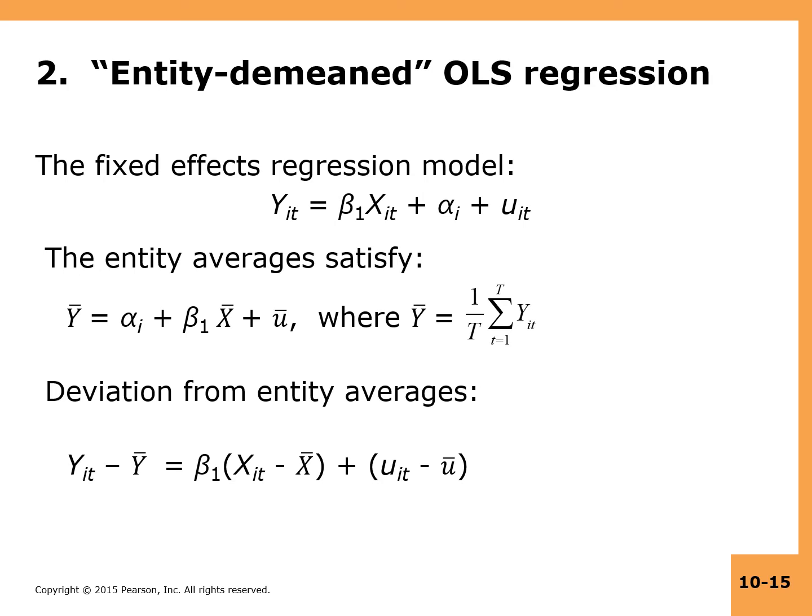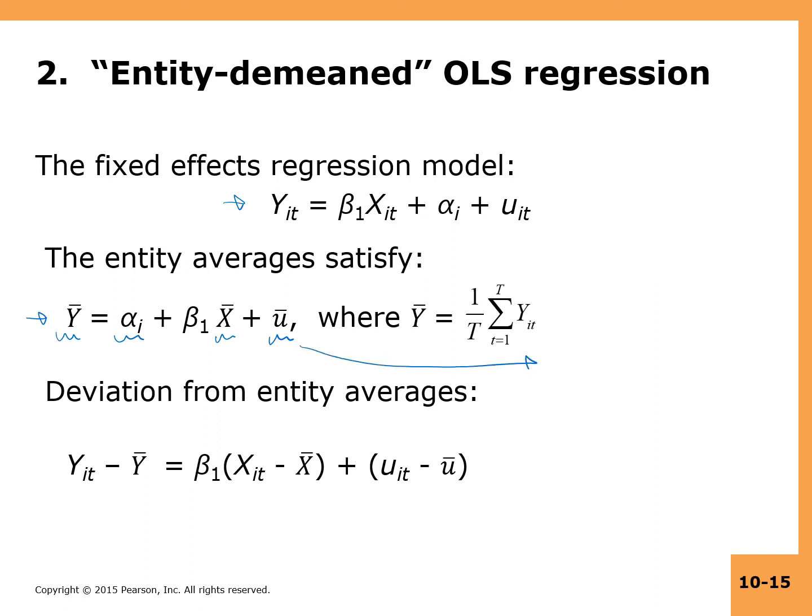The last method that we're going to discuss is entity-demeaned OLS regression. Let's say we start off with the fixed effects regression model and then take the average. So now you have y bar, x bar, and the average of the error term. The average of alpha i is alpha i, because if you have multiple alpha i and take an average, it'll be alpha i.